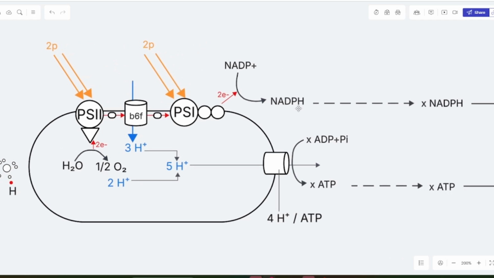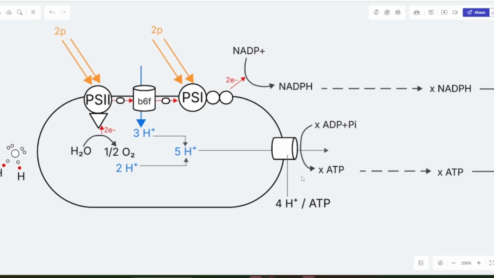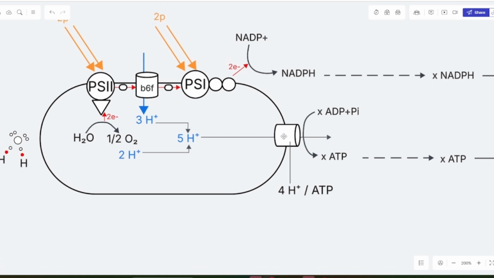Now we've got our NADPH and our ATP. Now we want to know how much of each of these we have. There's a little bit of variation in different organisms, and there are also, I think, different physiological conditions that would change these ratios. But a good rule of thumb is that the ATP synthase requires approximately 4 protons to be pumped through the ATP synthase to generate 1 ATP.